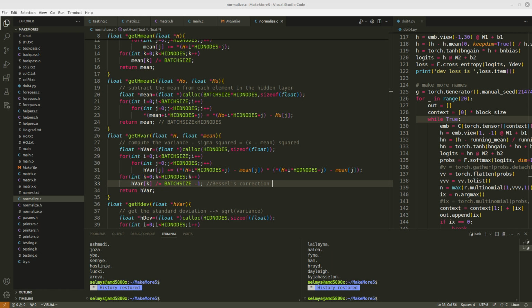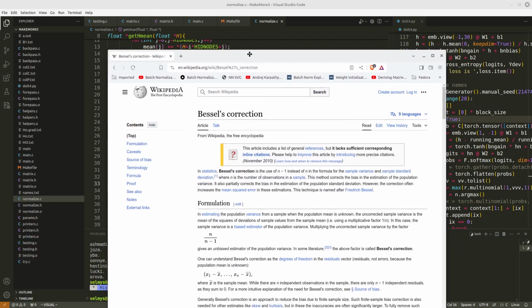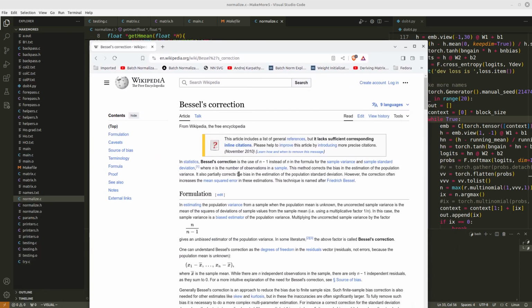Let's see. In Wikipedia, this is what it says about Bessel's correction. In statistics, Bessel's correction is the use of n minus 1 instead of n in the formula for sample variance and sample standard deviation, where n is the number of observations. So we use 1 less than the number of observations.